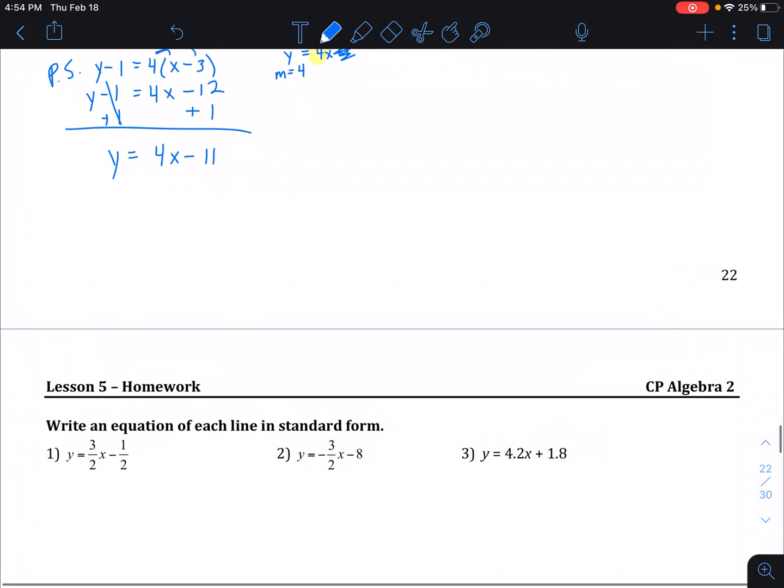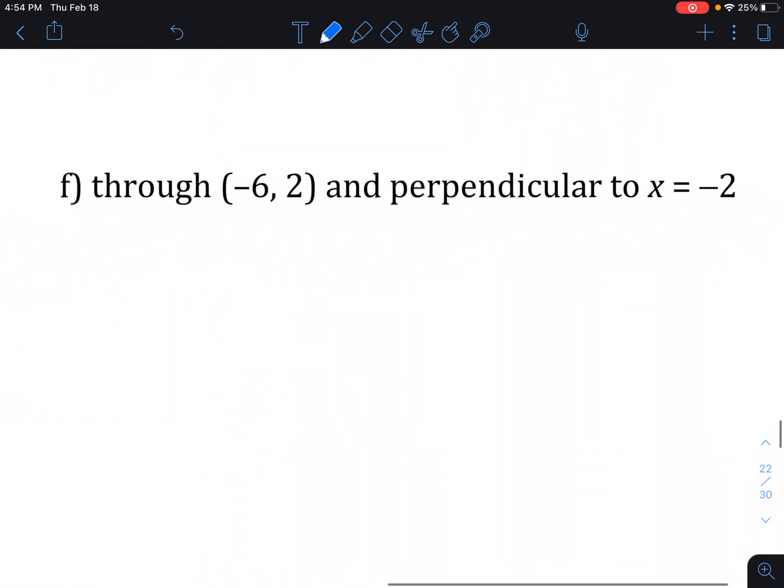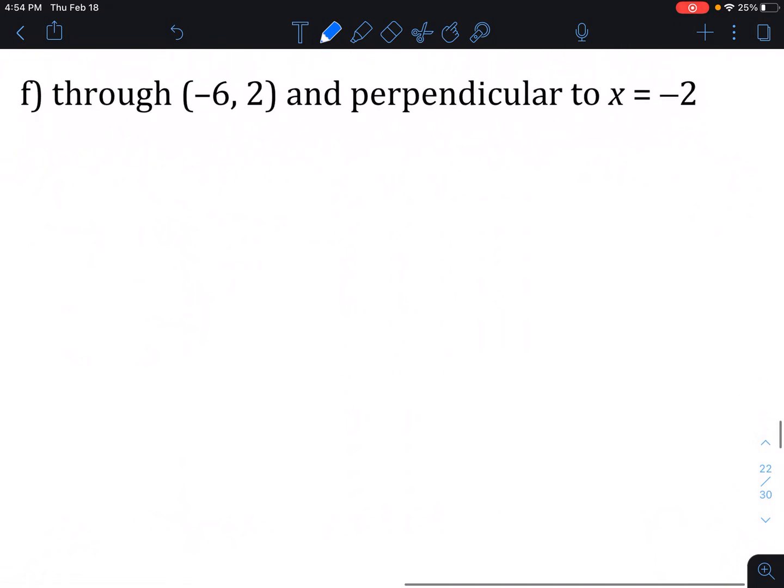Okay, last one, and then you guys will be good to go on your own. This is a really tricky question. Letter F says, through negative 6, 2, and perpendicular to x equals negative 2. What could that possibly mean?